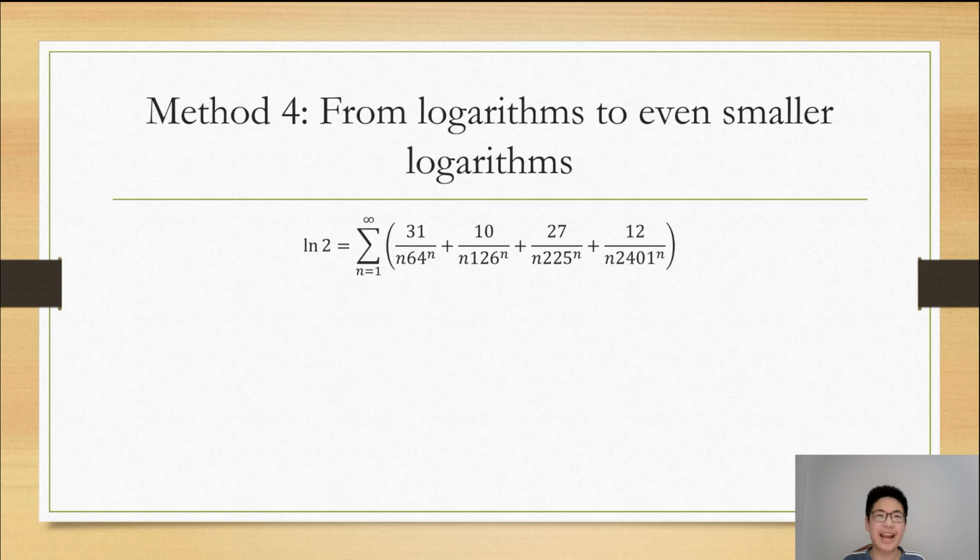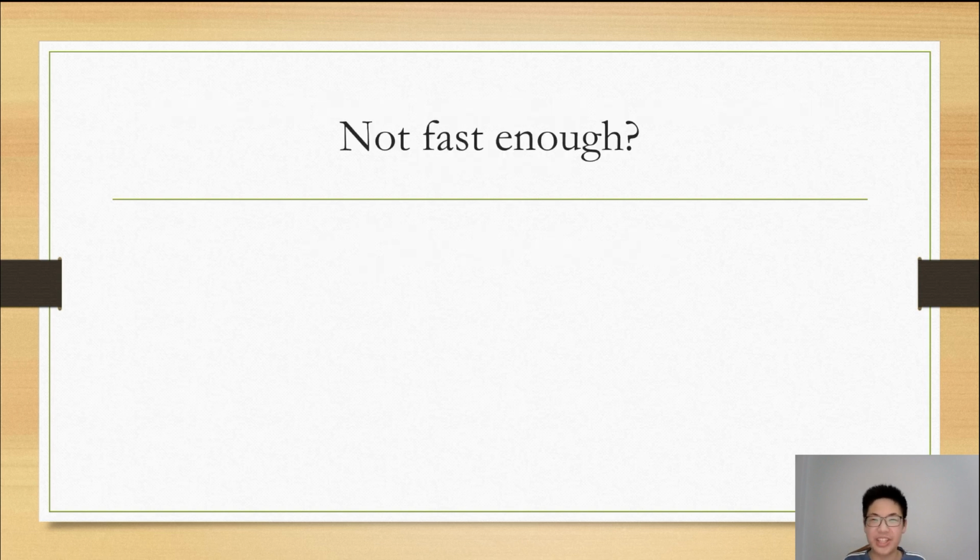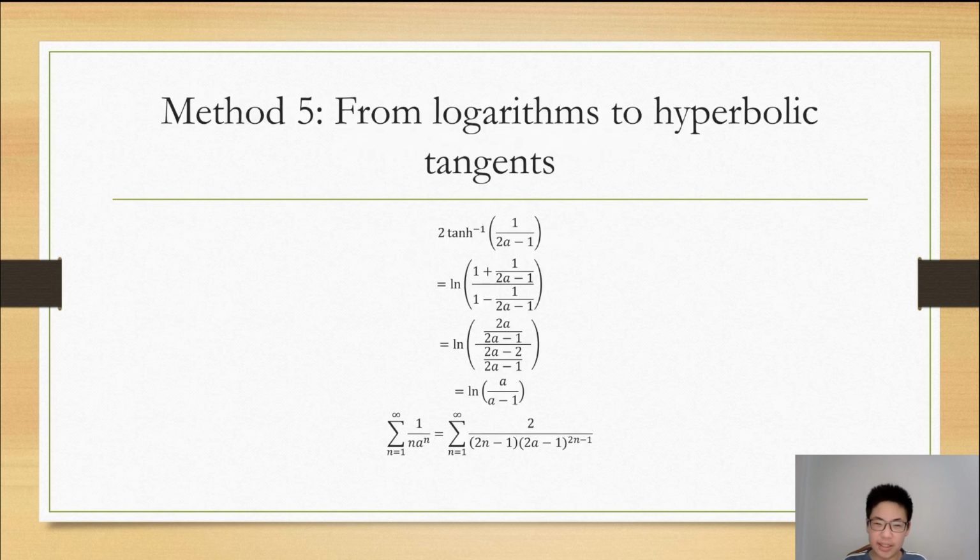Now, here is the analogous decomposition for 7 limit ratios. Now, the decision tree for this is actually very, very large, and it will be too large to put on a slide, in fact. That's why I crystallized the entire formula into this. Now, you see, not fast enough? And you're technically right, because we can convert logarithms like this to hyperbolic tangents.